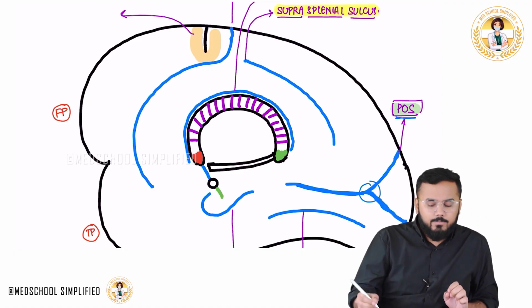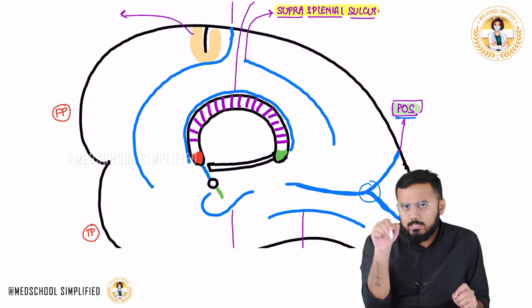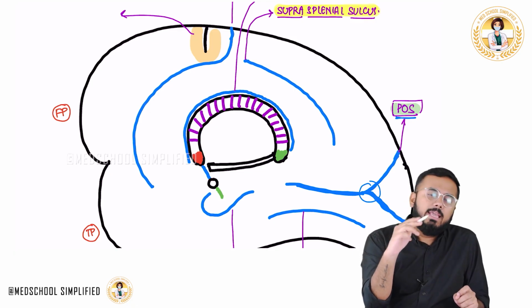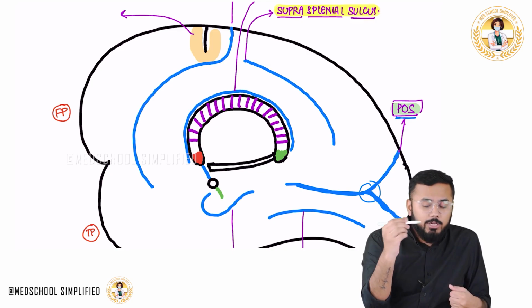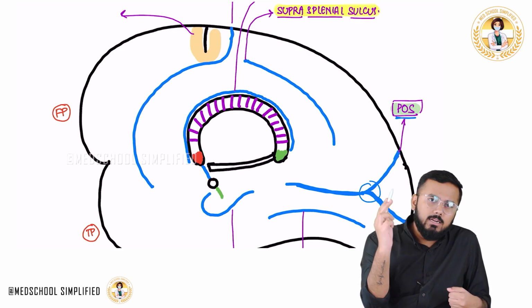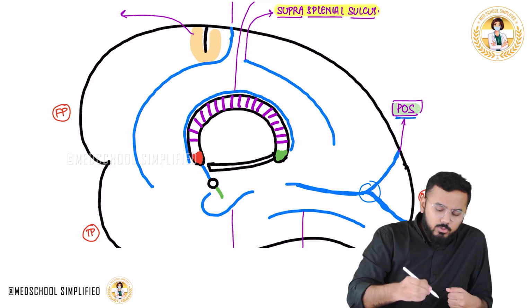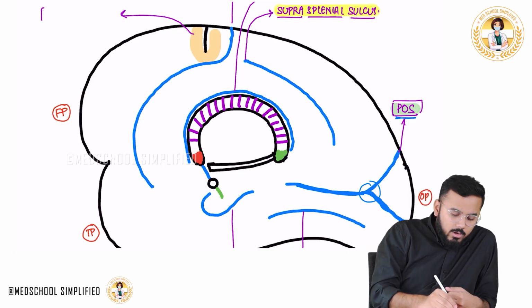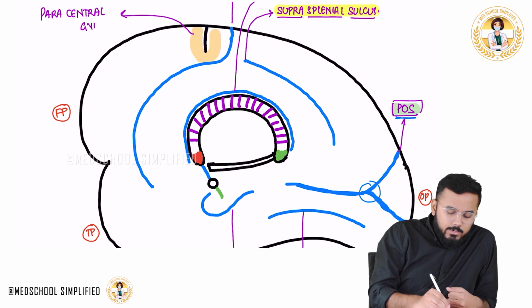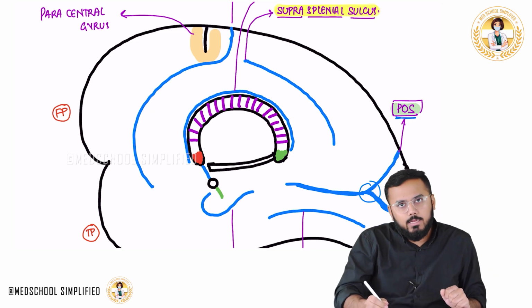Anything surrounding, in medical terminology you call it para. Surrounding the central sulcus, so can I call it the paracentral gyrus? Right? So this gyrus that is surrounding the central sulcus is called the paracentral gyrus.